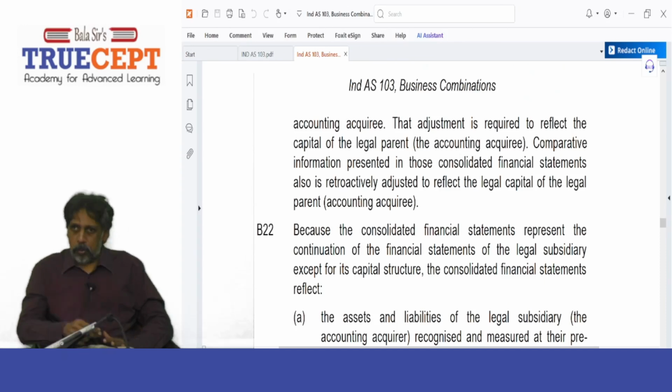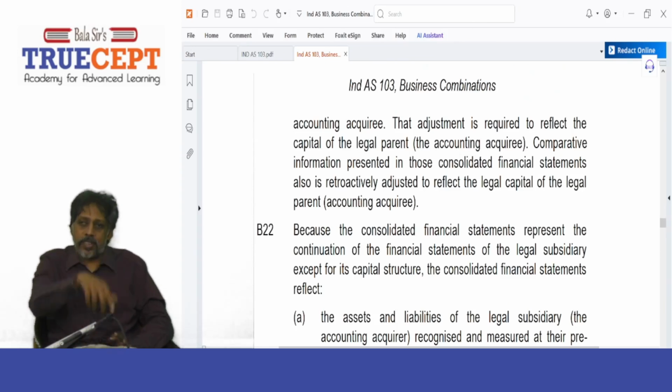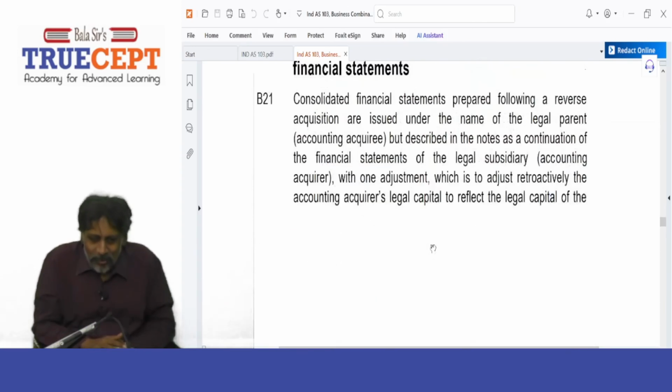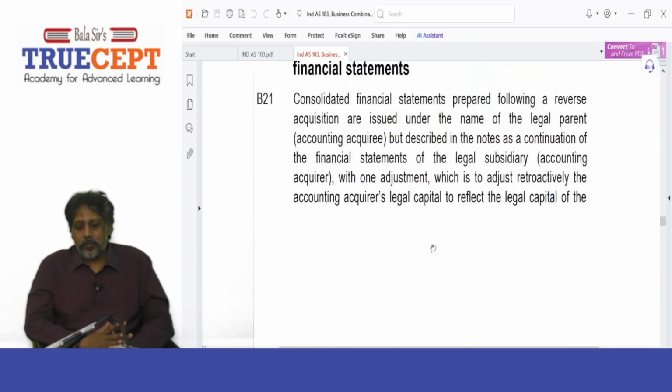No problem. Don't worry. Just read the notes again. I'll explain. Consolidated financial statements prepared following the reverse acquisition are issued under the name of the legal parent, which is A Limited, the accounting acquiree. Next. But described in the notes as a continuation of the financial statements of the legal subsidiary.